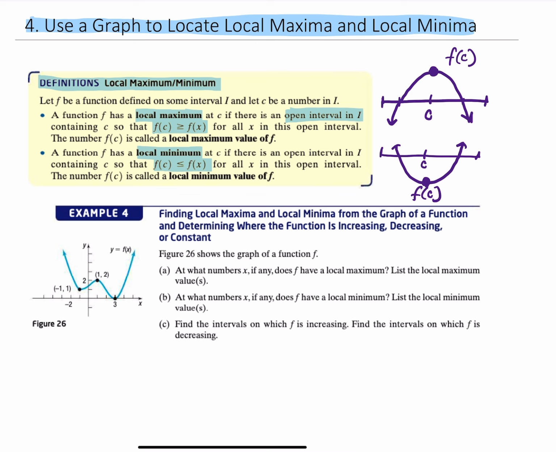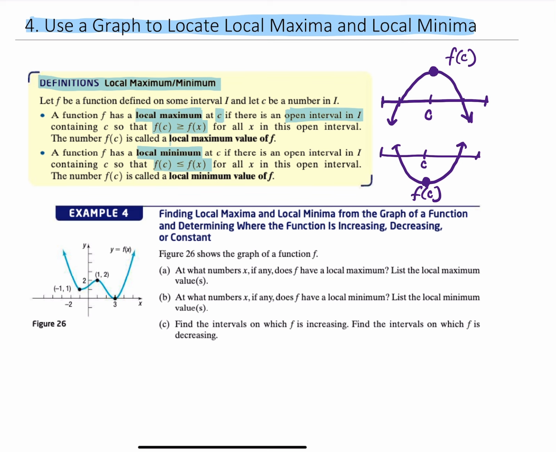And just to distinguish, we would say f of c is the maximum value when x equals c. So c is the location, the x value that produces the output, which is our actual maximum value. So just keep an eye out for that terminology. Are they asking for the location of the local maximum?